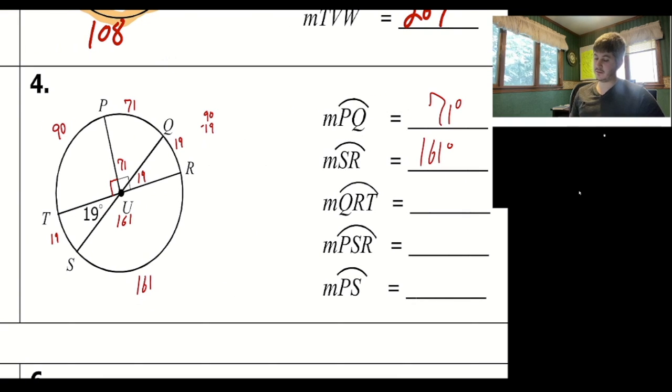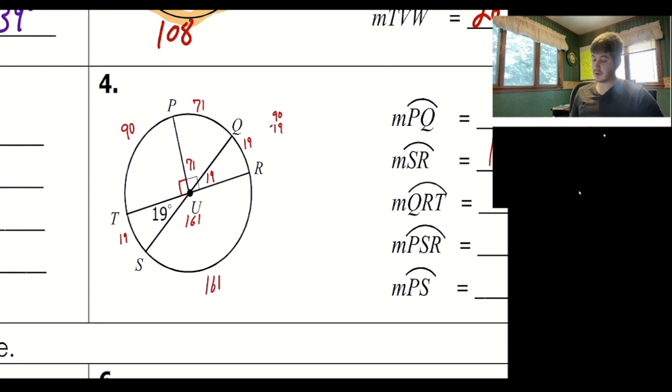Arc QRT, again being mindful of the fact that you're going to hit those letters in that order. Q. I see R right next to it, so I can go right to the R, and then T wraps all the way around past the S, going right here. So there's QRT. You have a 19, a 161, and another 19. We already know the 19 and 161 is 180. So it's 180 plus 19. So that would be 199.